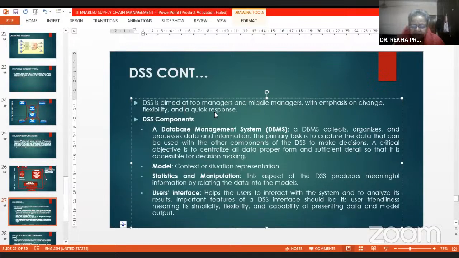Important features of a DSS interface should be user friendliness, meaning its simplicity, flexibility, and capability of presenting data and model output. So it should be in such a way that the user is able to understand it, and if there are certain changes, it should be able to incorporate those changes.